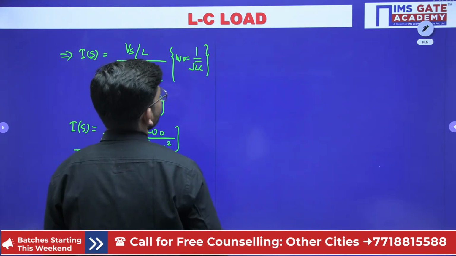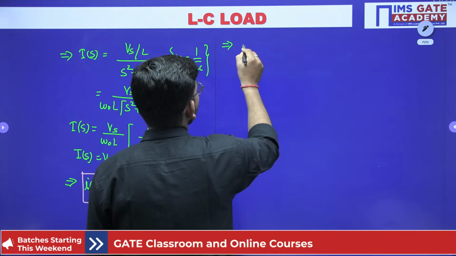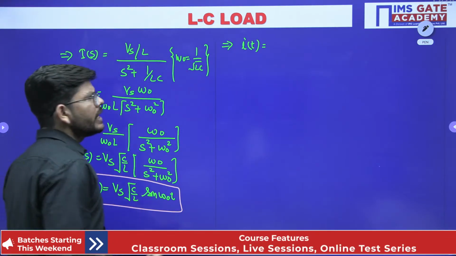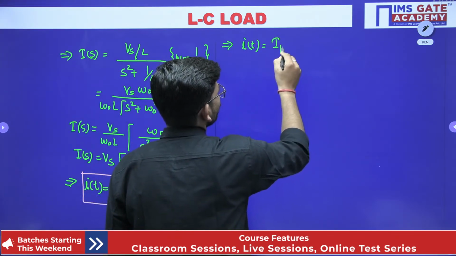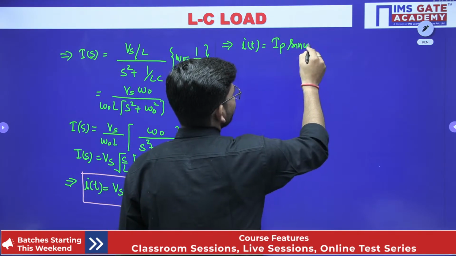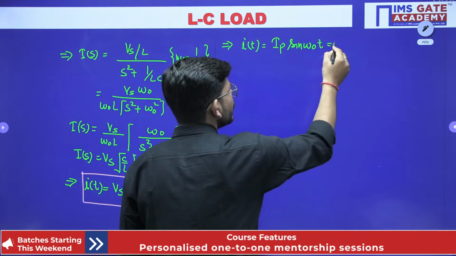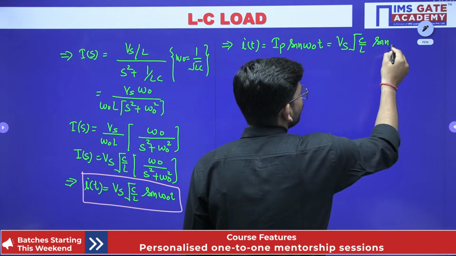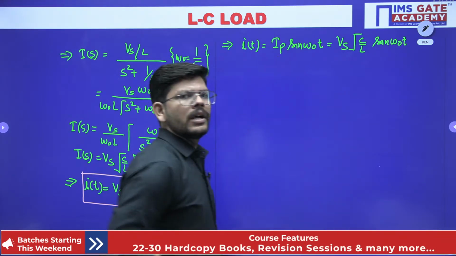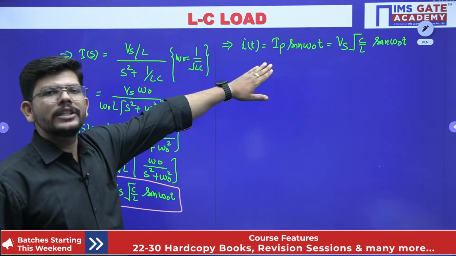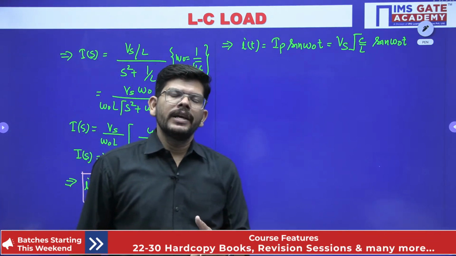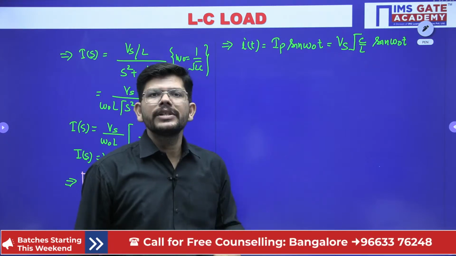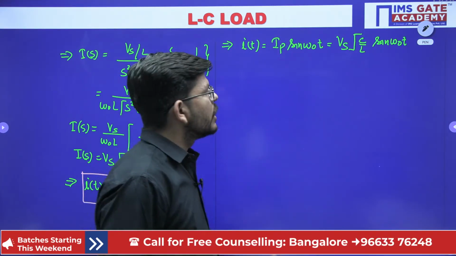So my current right now in this circuit is Vs under root C by L, let me call it IP, that is the peak value, times sine omega naught t, and you know that this is also equal to Vs under root C by L sine omega naught t. Now I recommend you to memorize this expression, because across power electronics you are going to encounter this expression again and again. So just remember this expression.